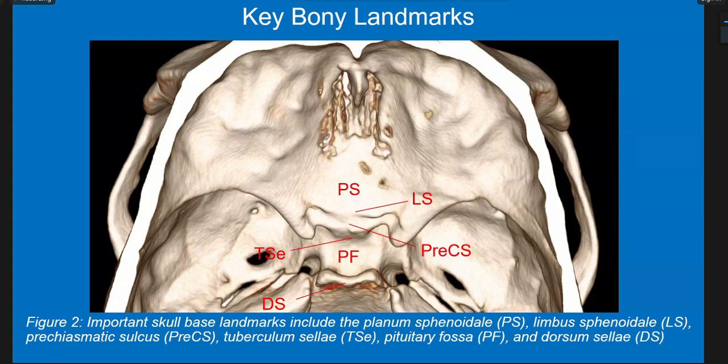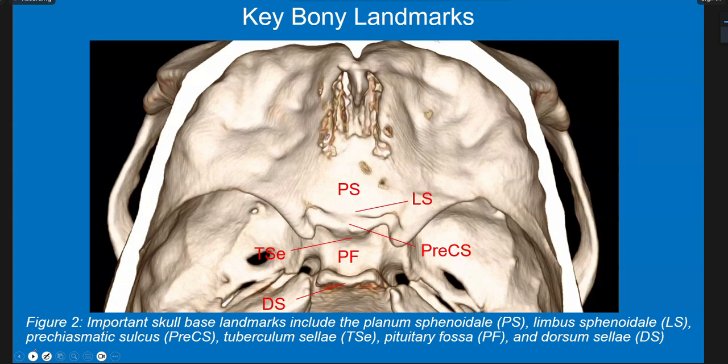So this is a 3D surface rendering. The beauty of this is you can have a 3D perspective instead of a 2D orientation as you would see in a regular CAT scan. This is a real patient, and we just did a 3D rendering on this portion of the skull base. This is the endocranial perspective.